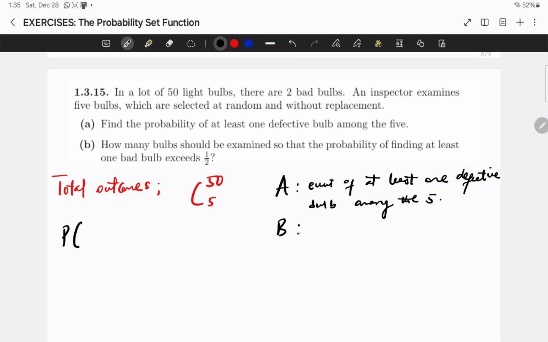And let B be the non-defective bulbs among the 5.